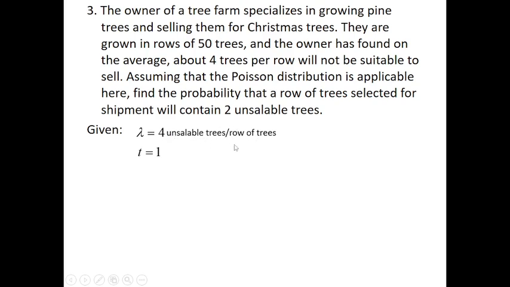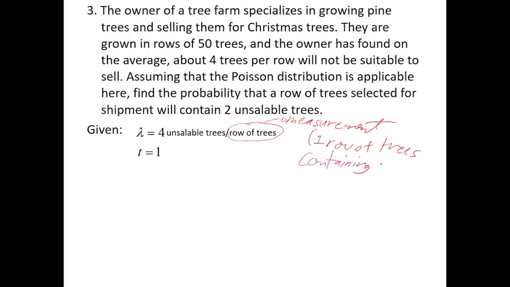4 unsaleable trees per row of trees. Row of trees is your measurement. Okay, so this is your measurement. Okay, that is 1 row. 1 row of trees, okay, containing 50 trees. That's your measurement.